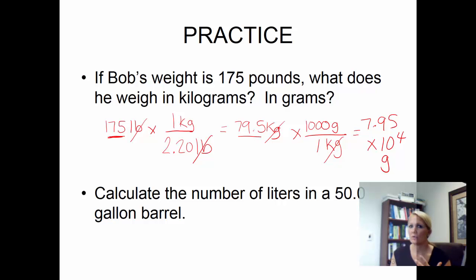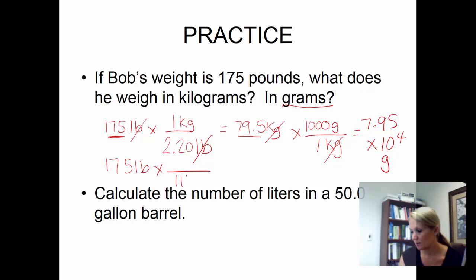Often there's more than one way that you can do these problems. So one way, if you were just wanting to go to grams on your conversion factor sheet, some of you may have already been thinking this: we can go directly from pounds to grams. There's 454 grams in a pound.